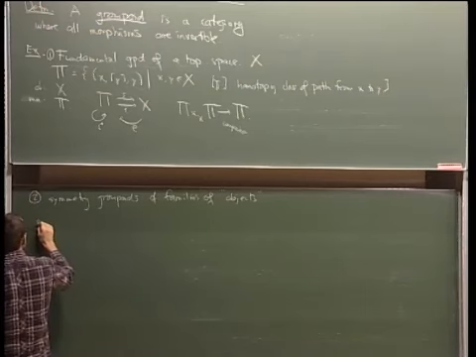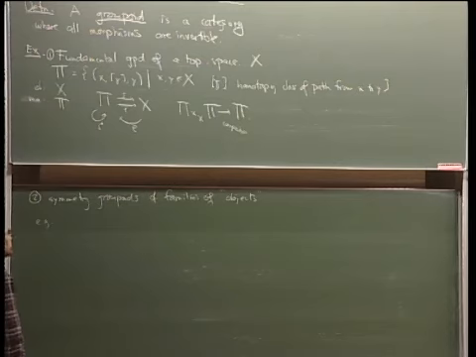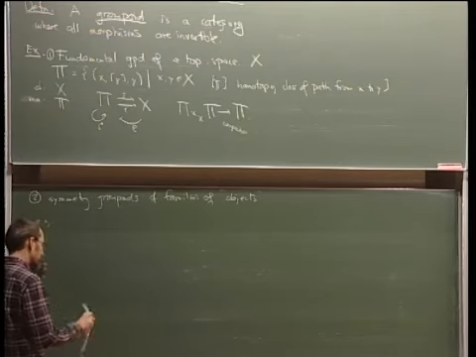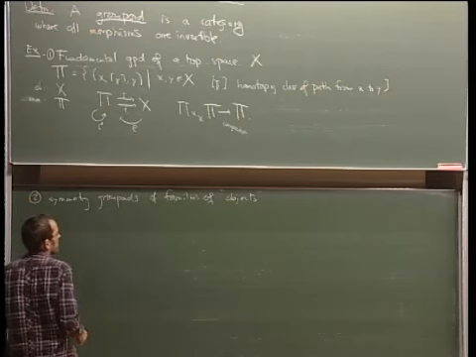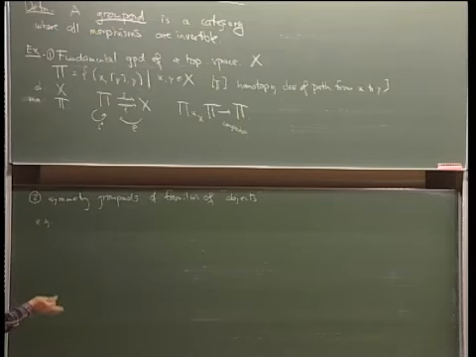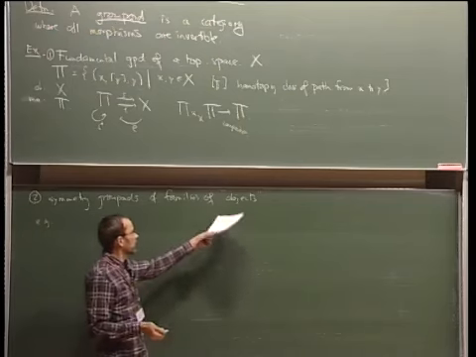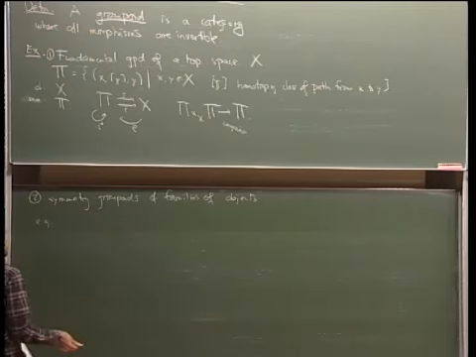Let me start with some really simple examples. What do I mean by objects? I need to decide on some mathematical concept of objects and some kind of isomorphism between them.